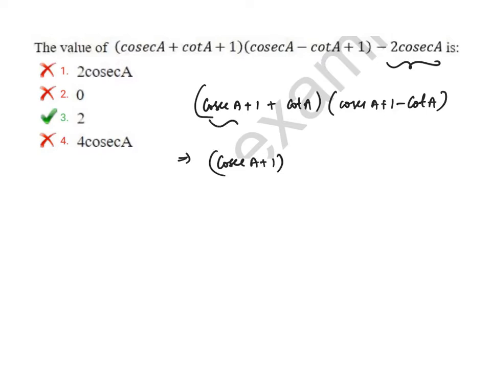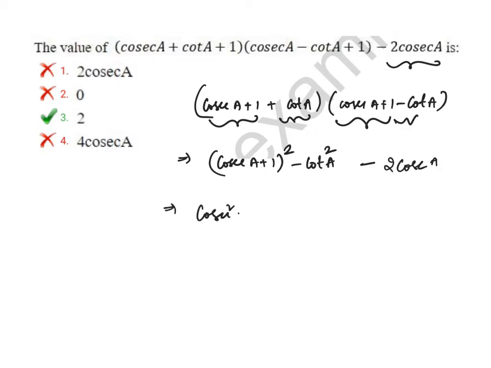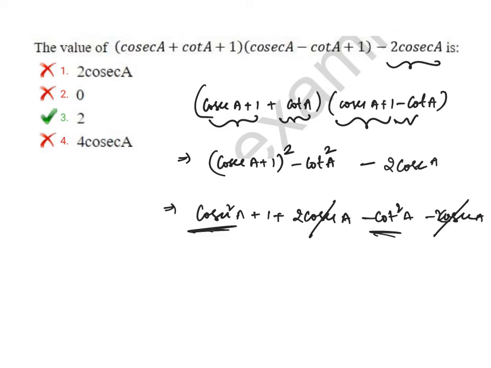It is like (A plus B) into (A minus B), so it becomes minus cot A whole square, minus 2 cosecant A. So I can write it as cosecant square A plus 1 plus 2 cosecant A minus cot square A minus 2 cosecant A. The cosecant A terms cancel. Cosecant square A minus cot square A is equal to 1 anyway. So 1 plus the remaining 1.